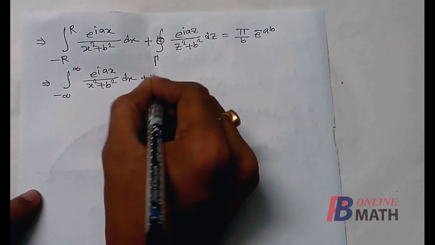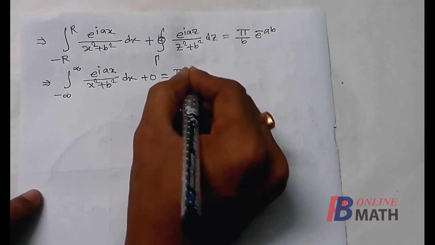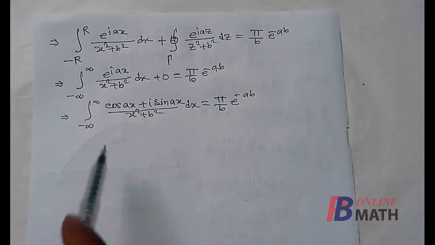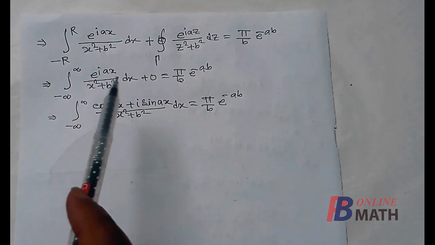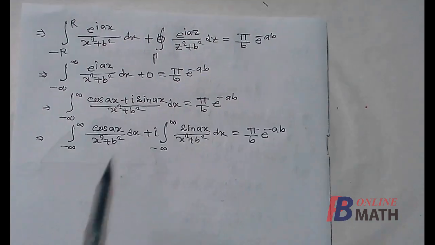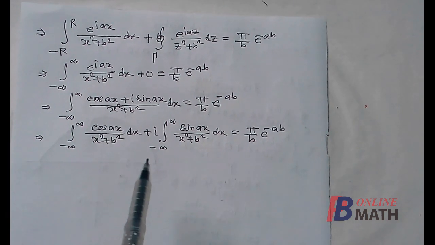So this is 0, and this is equal to pi by b e to the power minus ab. Next we know that e to the power i a x is equal to cosine of ax plus i sine of ax. Now breaking the integral into two parts, we find that this is equal to this one.